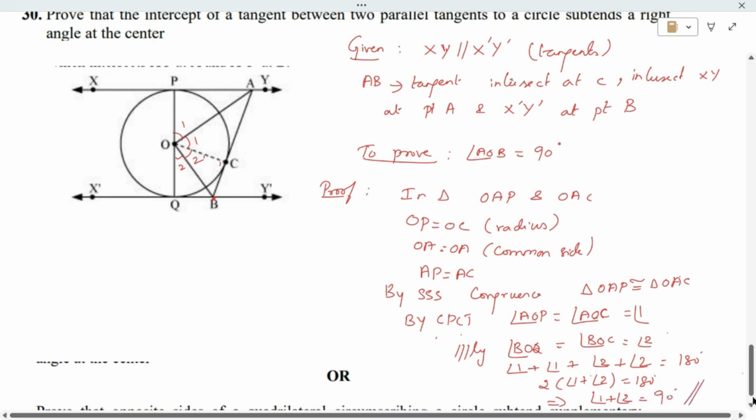So this is what they are asking me to prove. So I proved angle 1, which is nothing but AOC, and angle 2, which I can take as BOC, is equal to 90 degrees. So angle AOB is equal to 90 degrees. This is what I have to prove, isn't it?